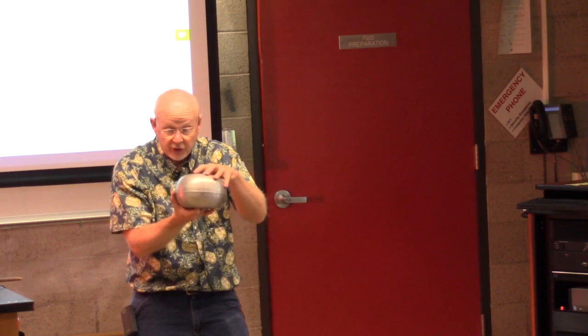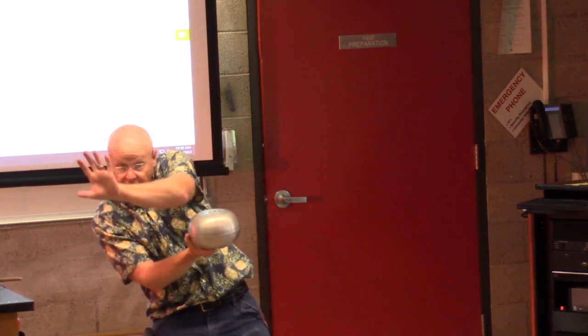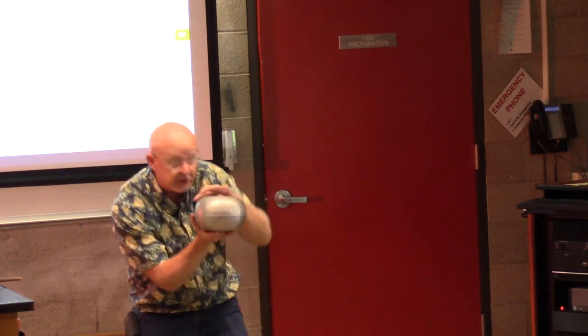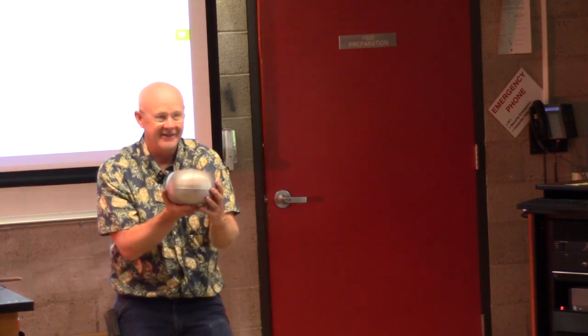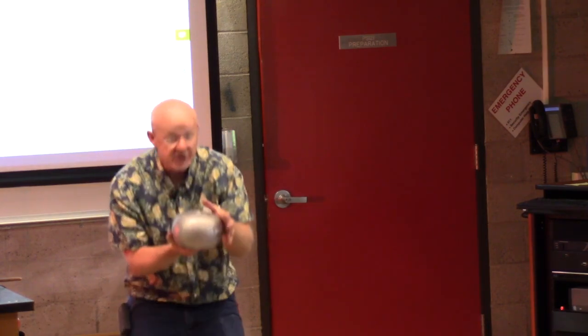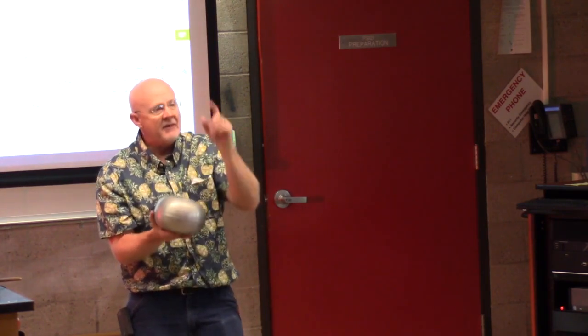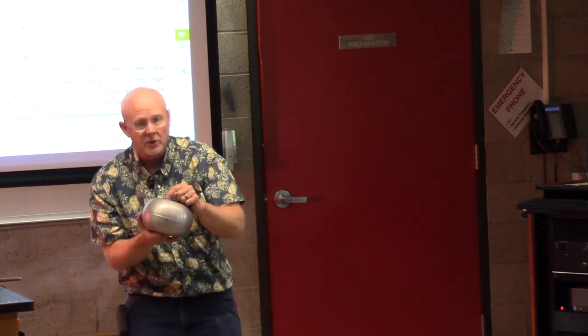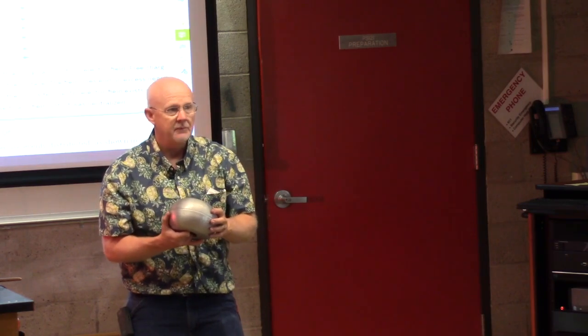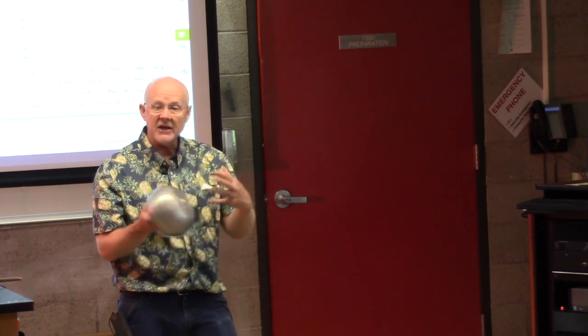And then the total field is the original field plus the field that's created by these charges. And what he's trying to argue here is the end result will always be that the field right on the surface will be perpendicular.